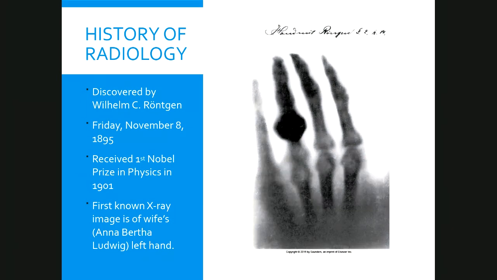Now, he was the chair of the physics department at the University of Würzburg, so they actually lived at the university. They lived in the bottom section of the university as their housing, and his lab was in the top of the university. So it wasn't like she couldn't get to him. He literally was right there.